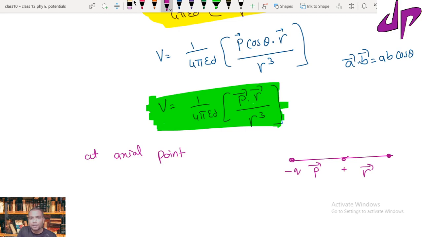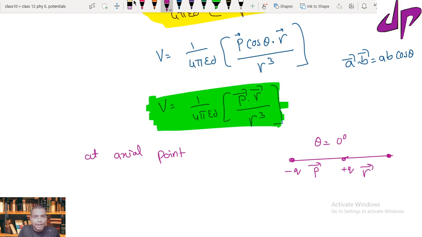If you remember, the direction of the dipole moment is from negative charge to positive charge. So the angle between these two is theta equals 0 degrees. If theta equals 0 degrees, we get cos 0, and cos 0 has the value 1.